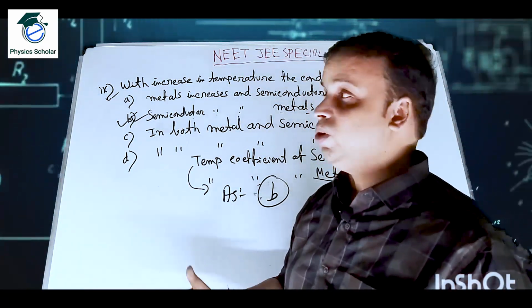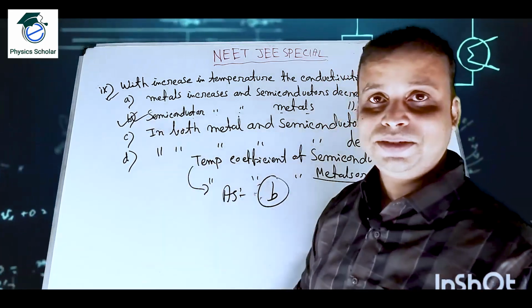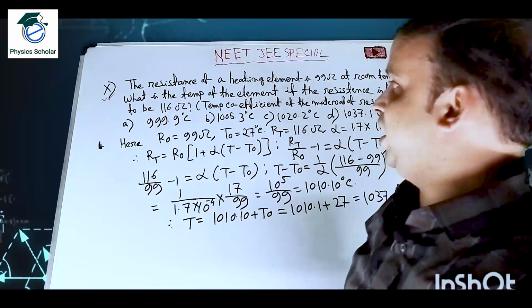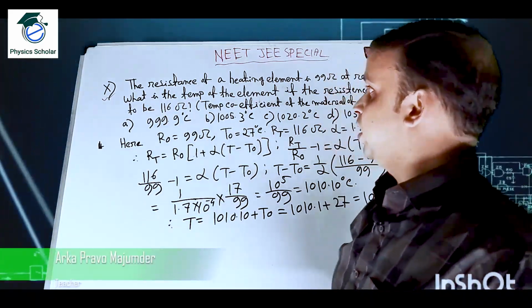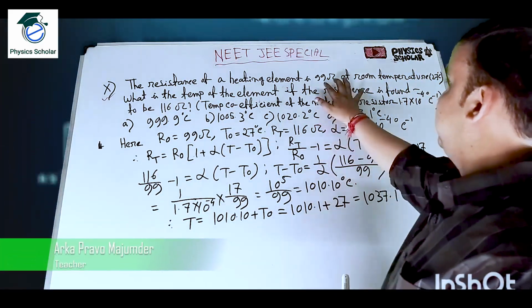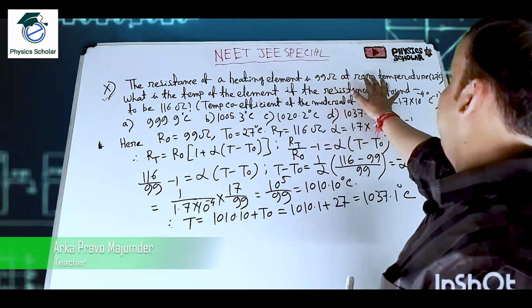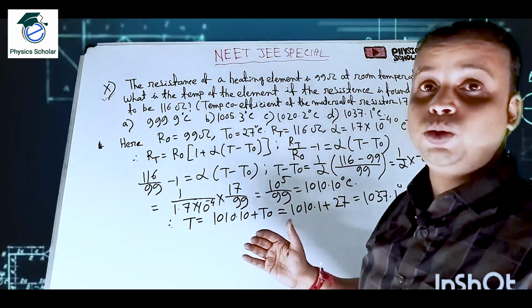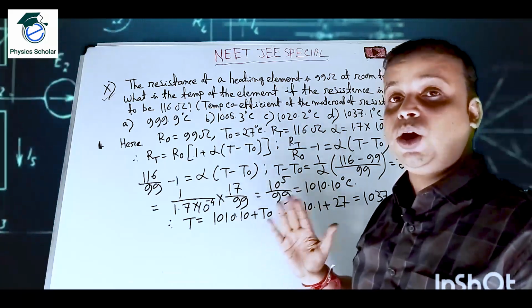Now let us move to question number 10. Okay students, here it is, question number 10. Clear? It is a numeric problem. The resistance of a heating element is 99 ohm at room temperature. So basically we will take the room temperature as 27 degree centigrade. Clear? The normal room temperature.